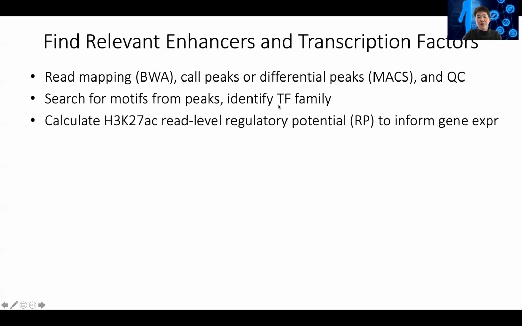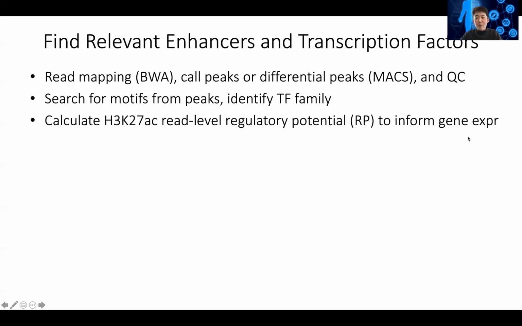So if there is a GATA family of transcription factors, there's GATA 1, 2, 3, 4, 5, 6, they all recognize the same motif. From motif search, you might find the whole family to be potentially interesting. But then if you use the K27 acetylation to calculate this regulatory potential, you might see that, oh, in this cell, actually it's GATA3 that's activated, but not GATA 1, 2, 4, 5, 6.